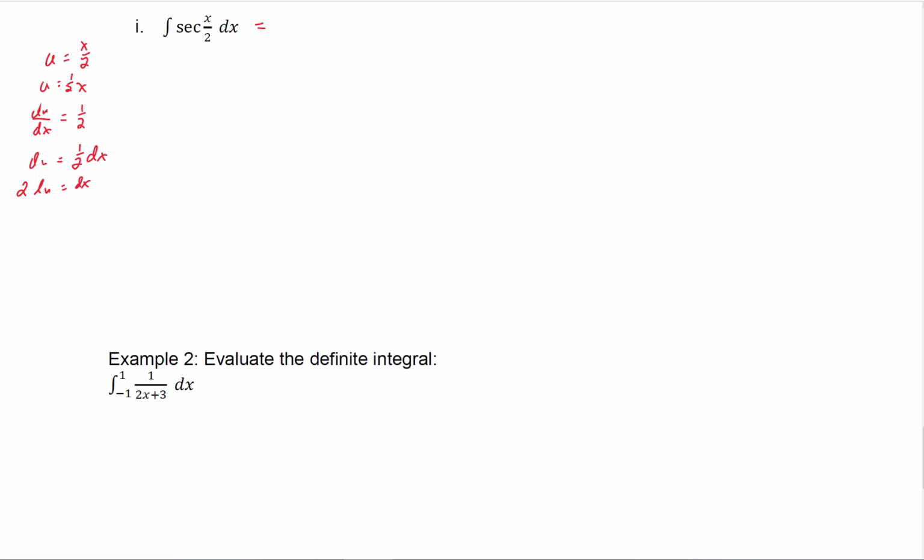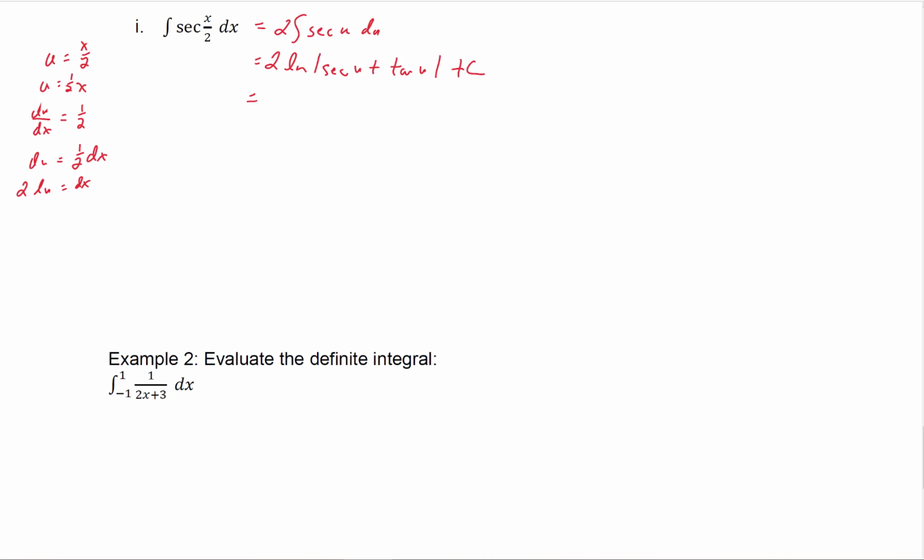So now we can rewrite this as 2 times the integral of secant u du. We know the antiderivative of secant u du is natural log absolute value of secant u plus tangent u plus c.